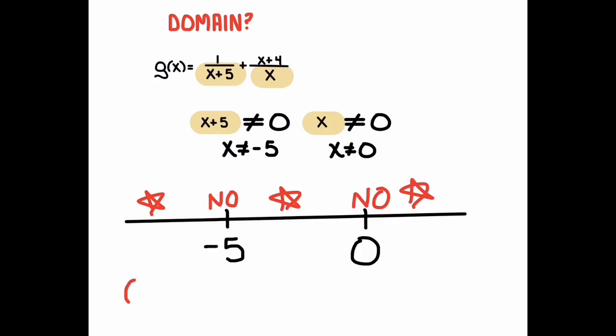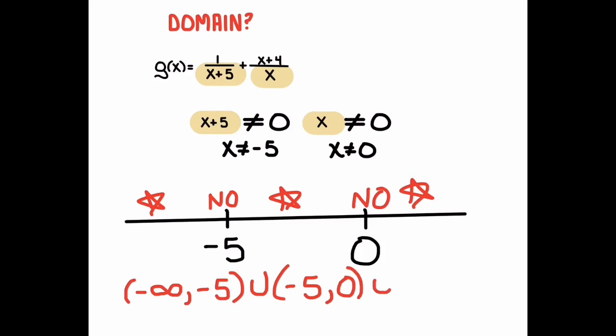So reading it from left to right on the number line, we're going to use negative infinity, parenthesis because of the infinity, up through negative 5, parenthesis to leave out the negative 5, union, parenthesis, negative 5 to leave it out, through the number 0, parenthesis, union, parenthesis, 0 through infinity.